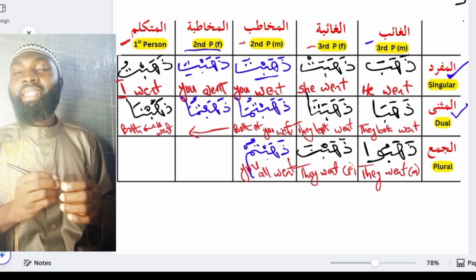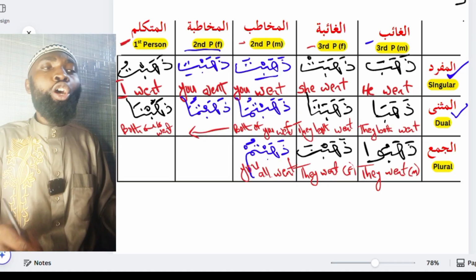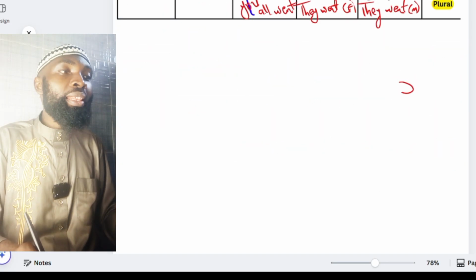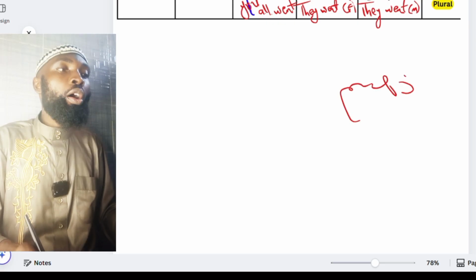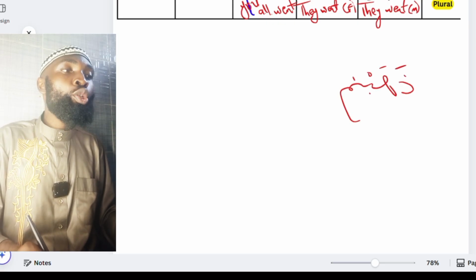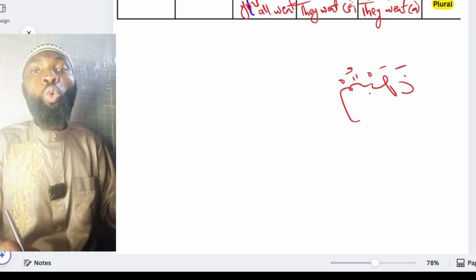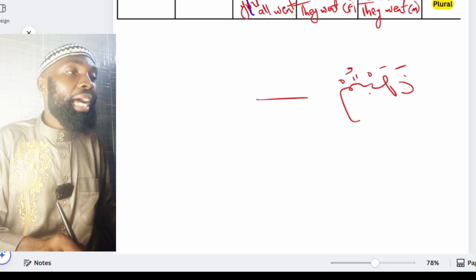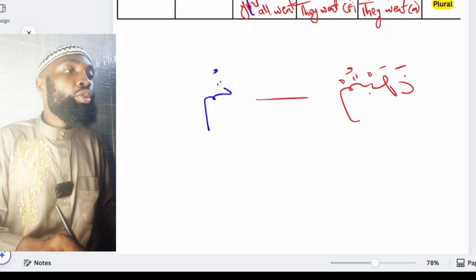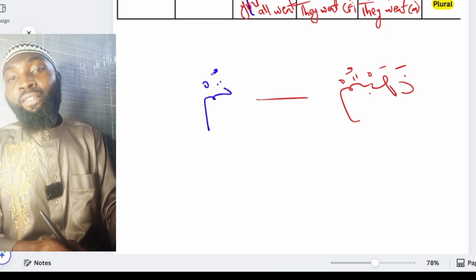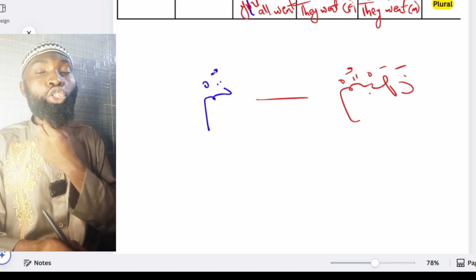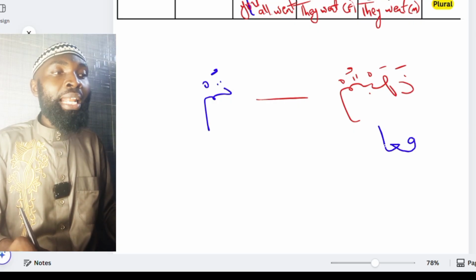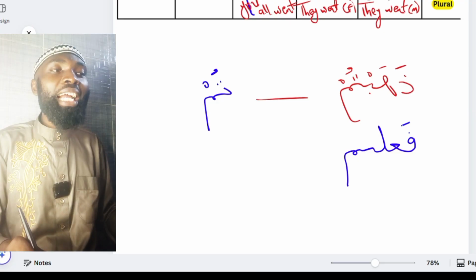Dhahabtum is used for males. You all males, you all boys, you all men went. So what has been added is tum. All you need to do is add this tum to any other verb you have and change the vowels to suit it. So if we have the verb fa'ala, it will simply be fa'altum. Can you see this?